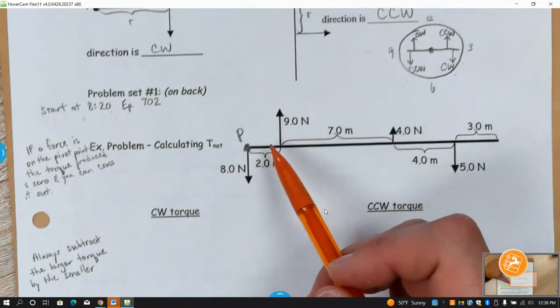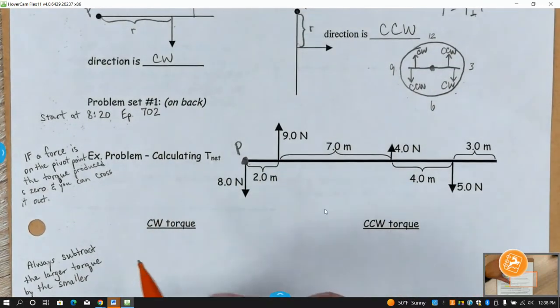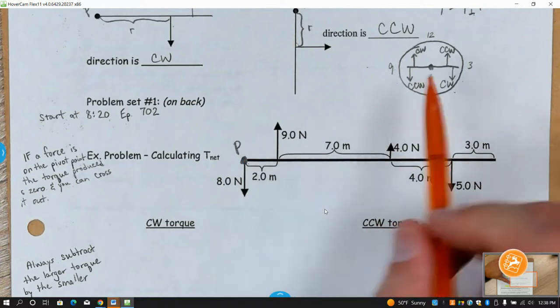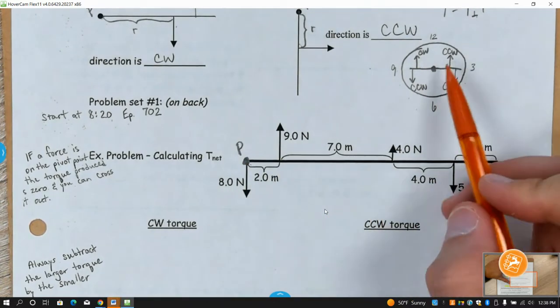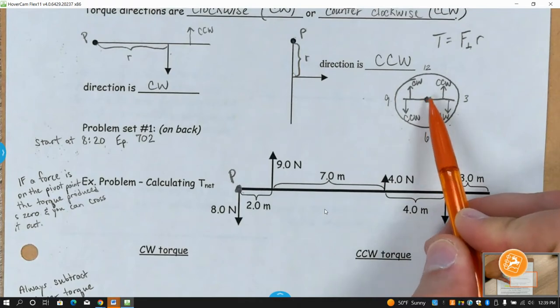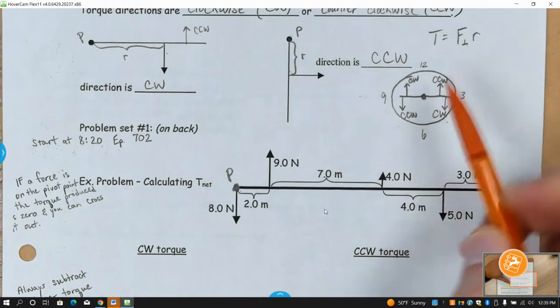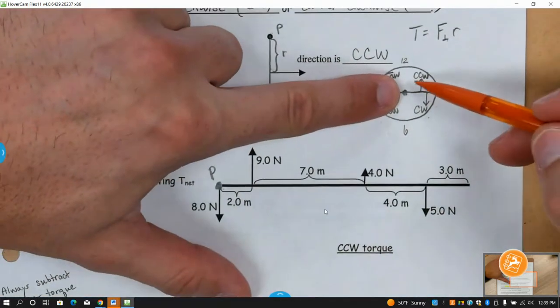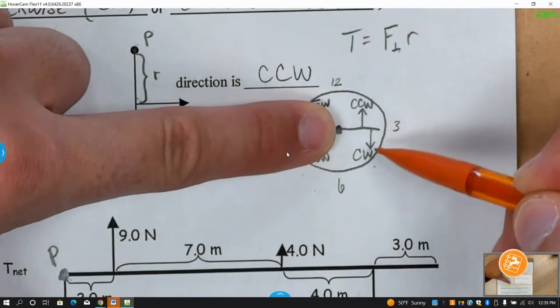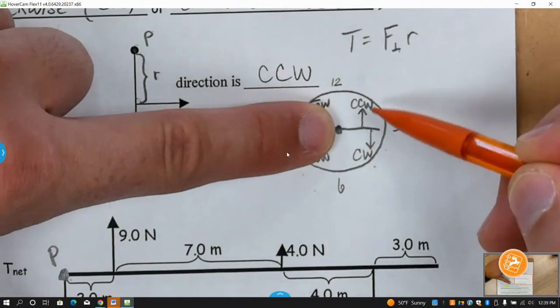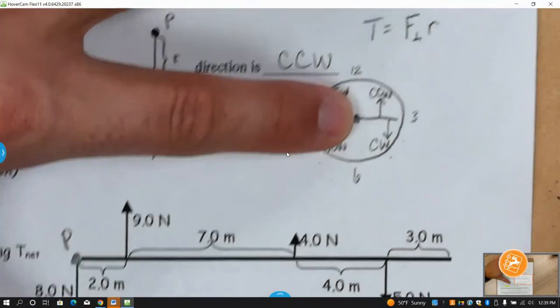So if we find the pivot point, what would my first thing be? Determine the directions. So if I put P here and I have extended out to the right, any force going downward would be considered clockwise. Any force going upwards would be considered counterclockwise.